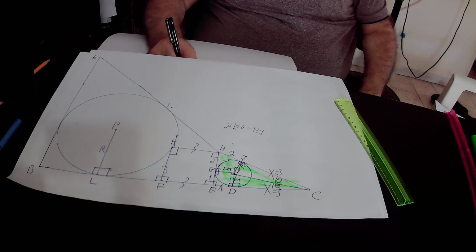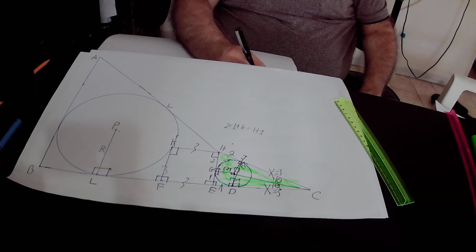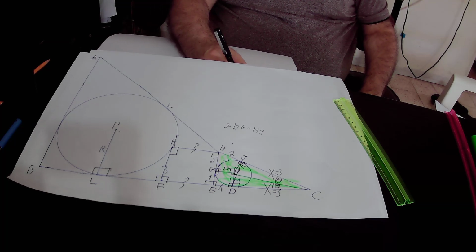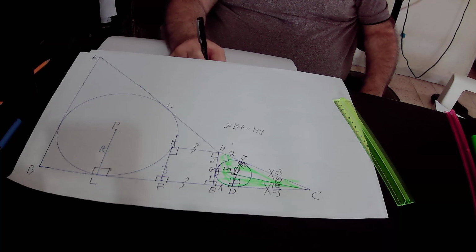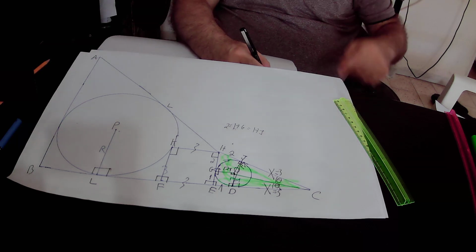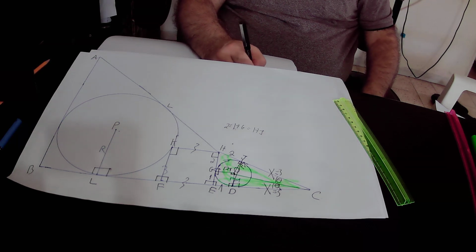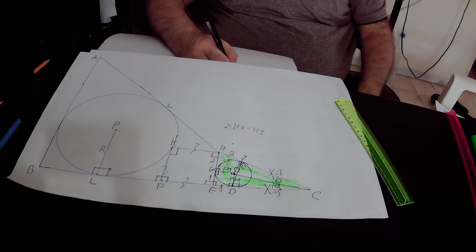CO is the angle bisector of angle C, this angle C, in triangle JDC.